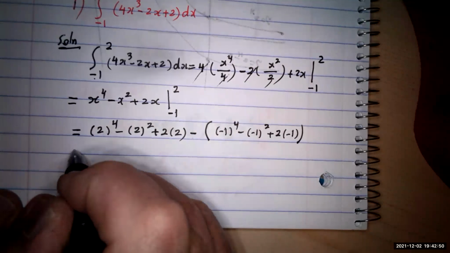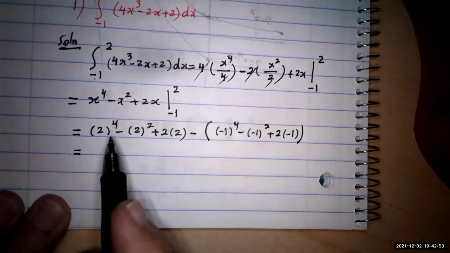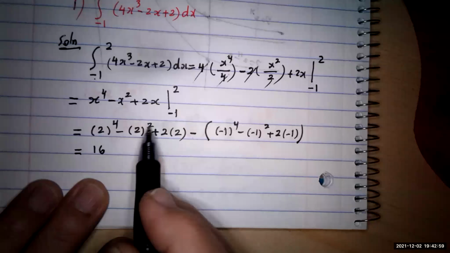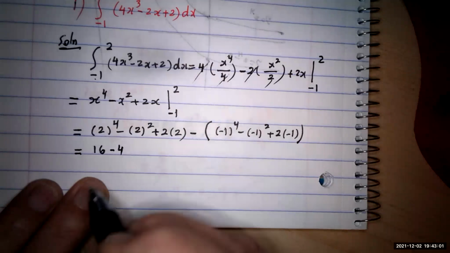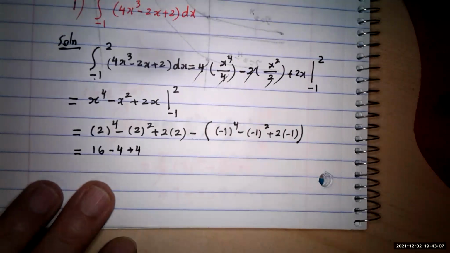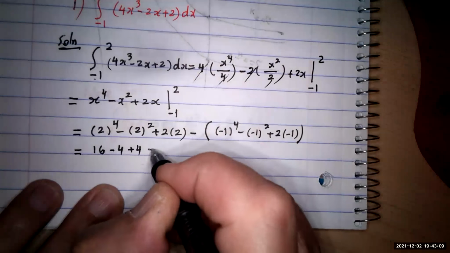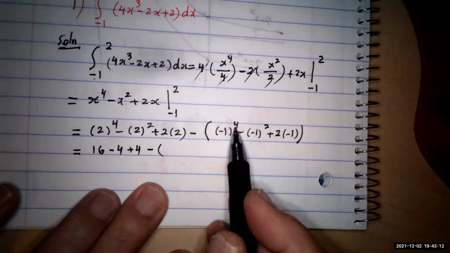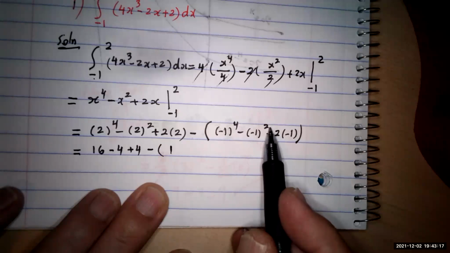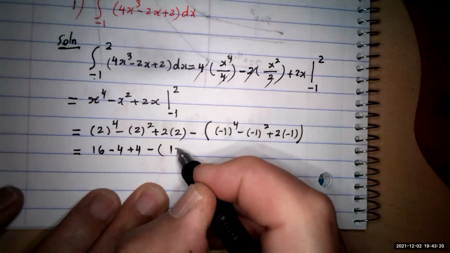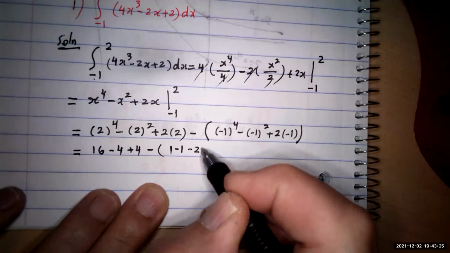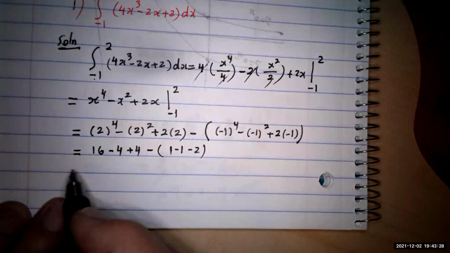Now go ahead, again carefully evaluate it. 2 to the 4th is 16. 2 squared is 4, minus 4. 2 times 2 is 4. Minus. Inside the parentheses, -1 to the 4th is 1. -1 squared is +1, and there is a negative here, so -1. And 2 times -1 is -2.